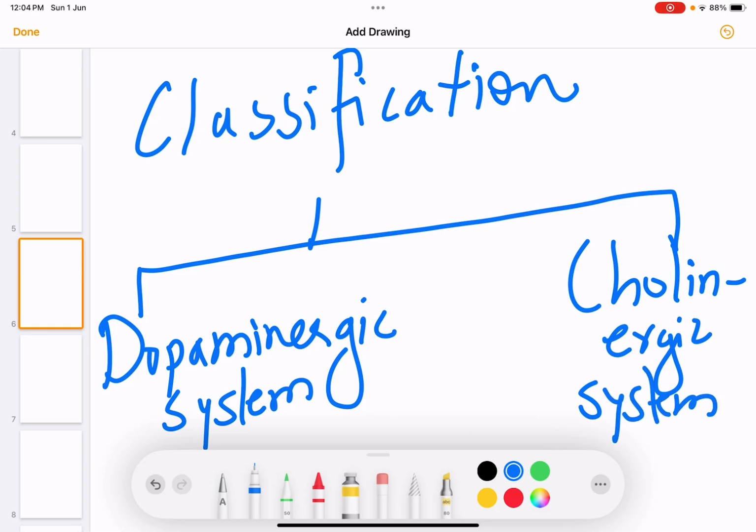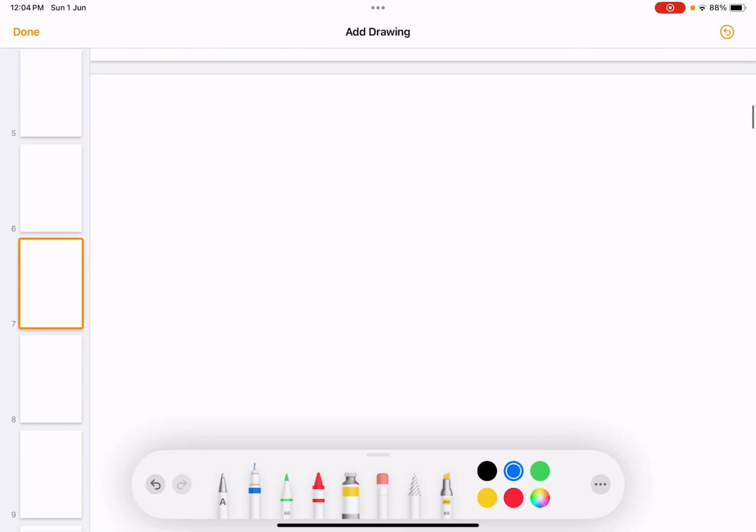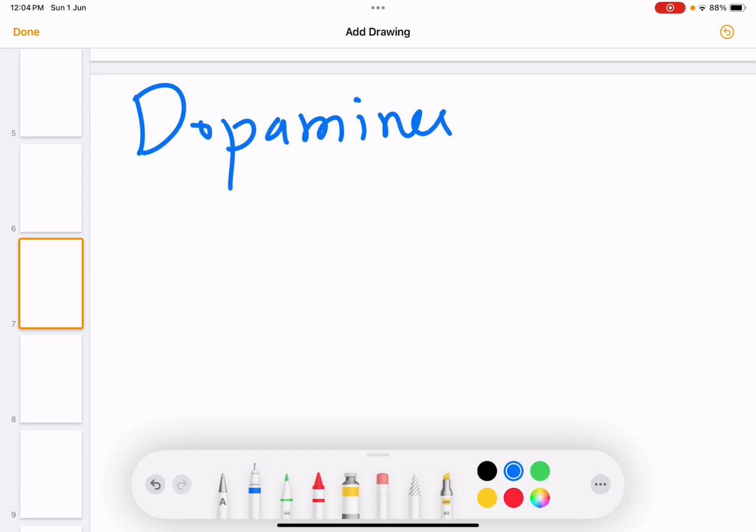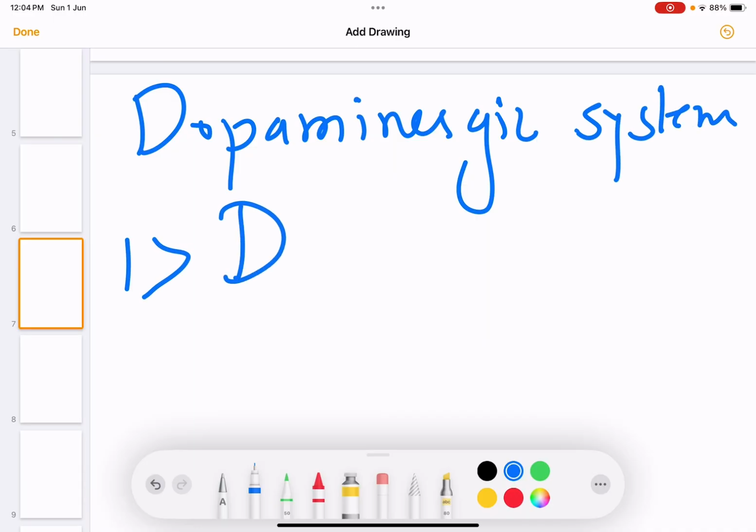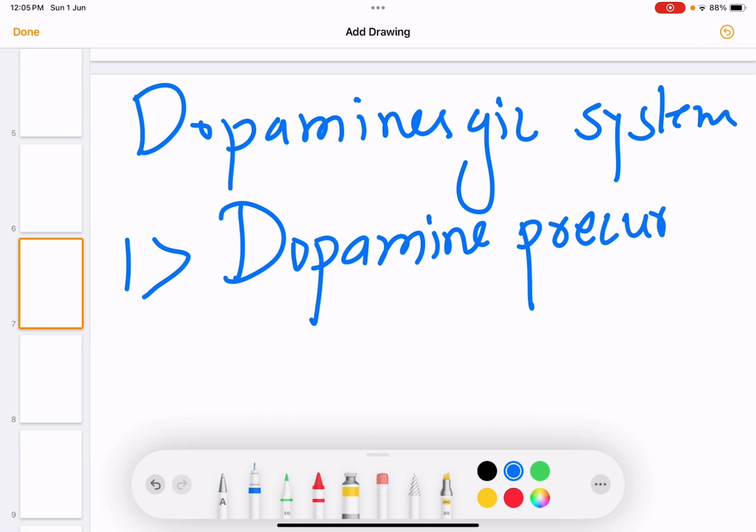First we will discuss drugs acting on dopaminergic system. The first category of drug is dopamine precursor. In this we have only one drug, that is levodopa.